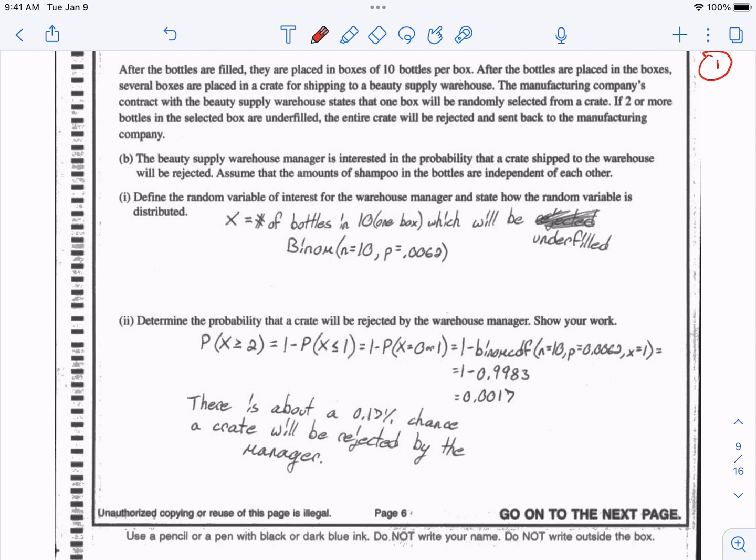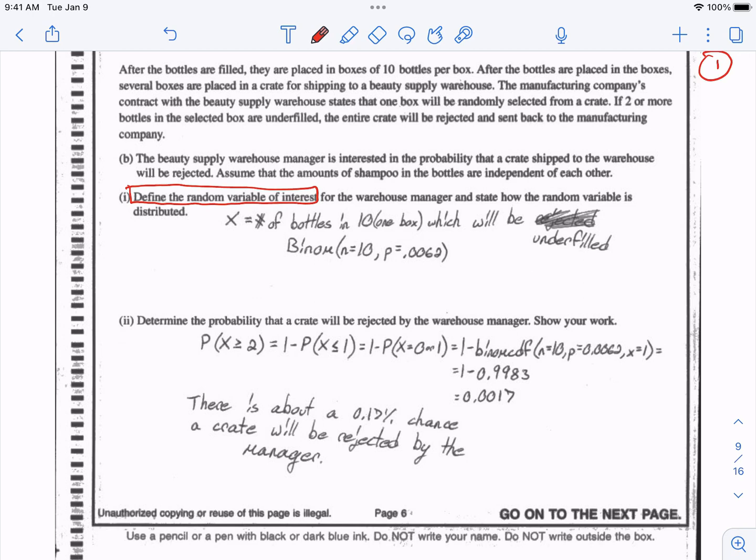The first one, and this is where it gets a little more complicated. They seem to get a little more complicated as you go down. But the first thing they have to communicate is they have to define the random variable of interest. And what's interesting to me is that exact phrase was on the 2021 exam. So 2 years in a row, students were asked to define a random variable of interest.